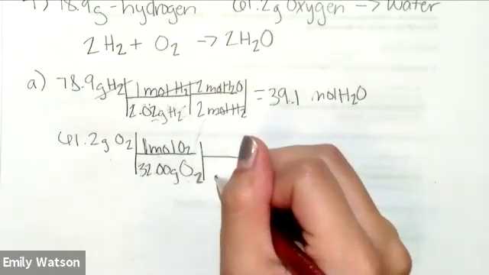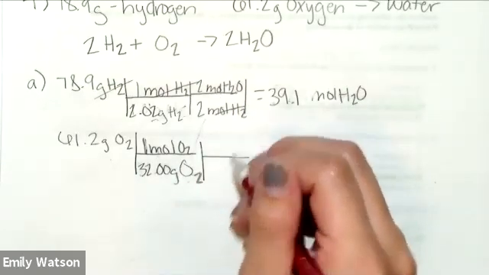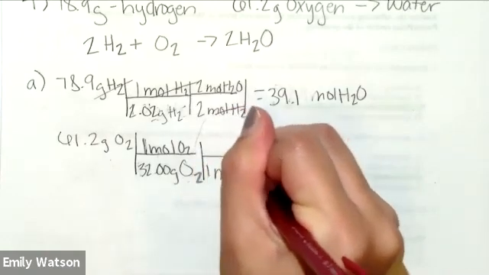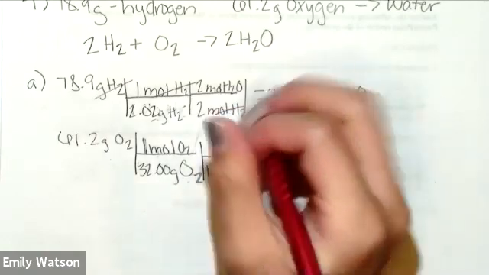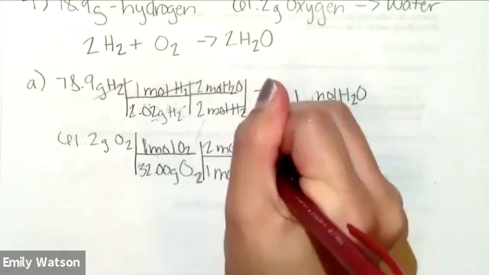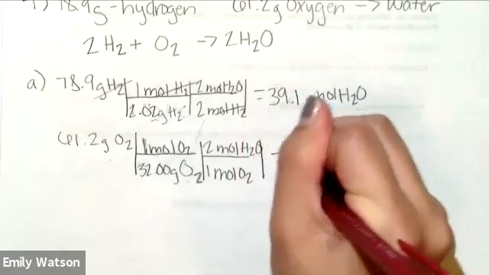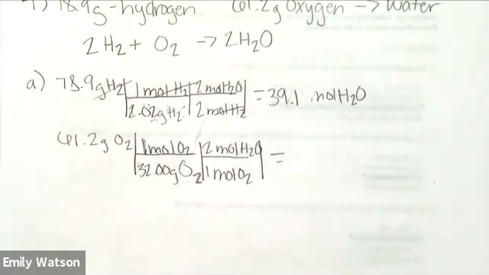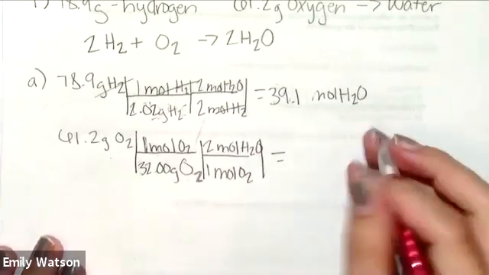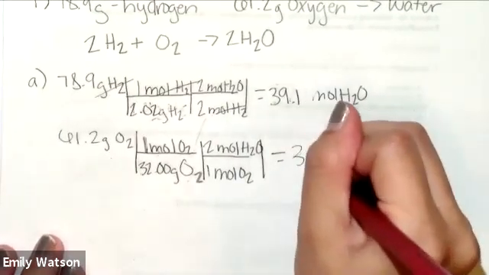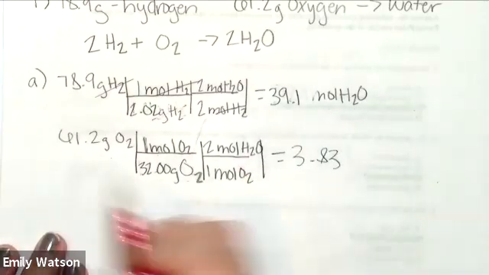What's going to go on bottom? 1 mole. And on top? 2 moles of H2O. How many moles of water are produced from the oxygen? 3.8. I'm going to do 3.83 because of sig figs.